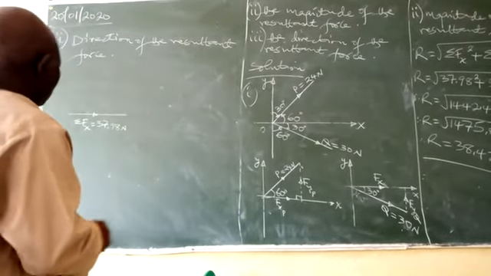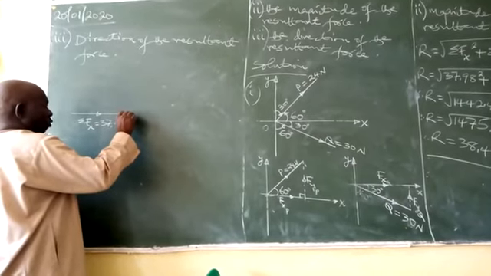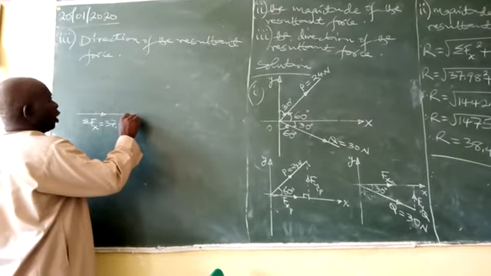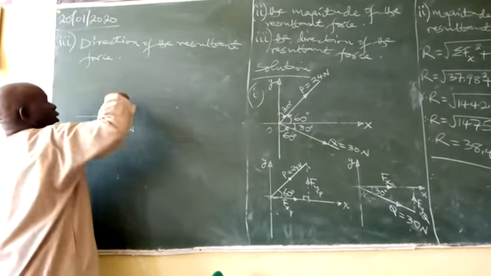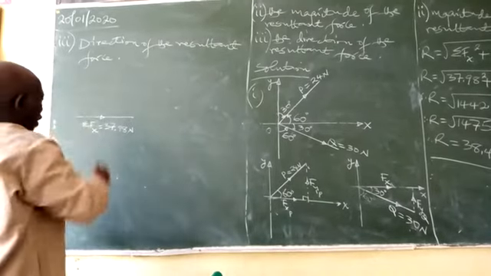It is positive also. Because it is positive, from the head of this first vector, I draw that summation F of y upward. That is in the positive direction of the y-axis.